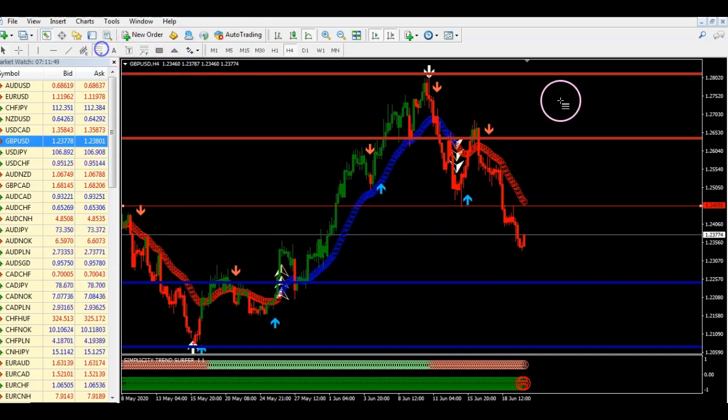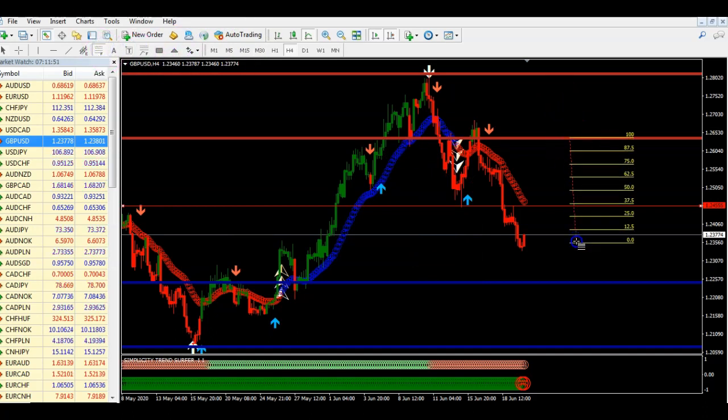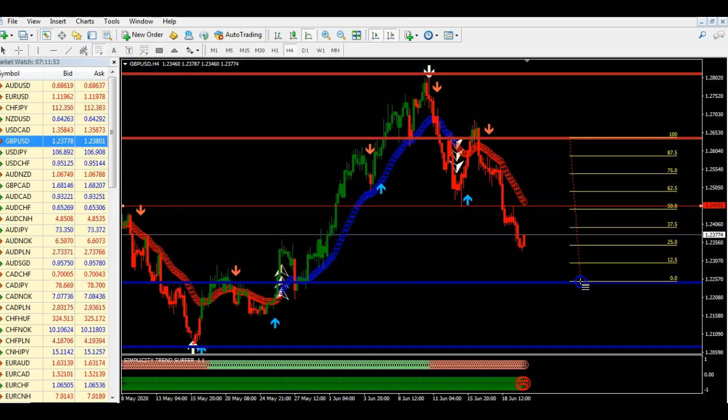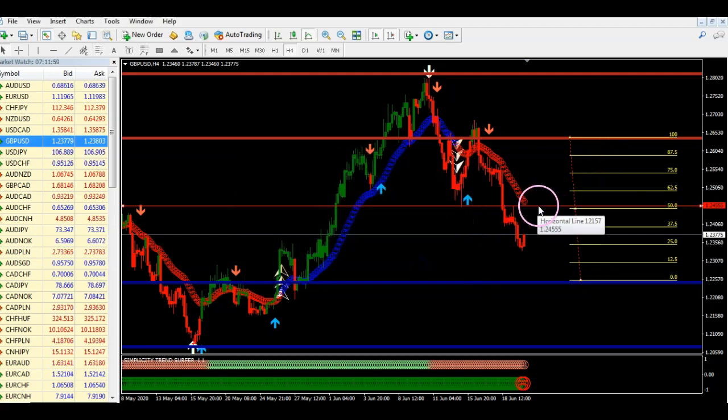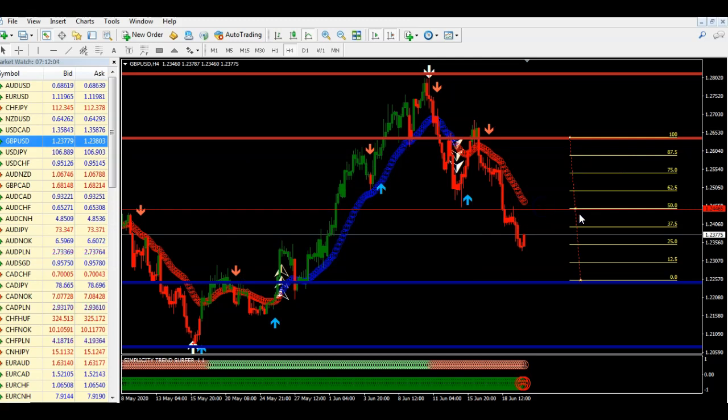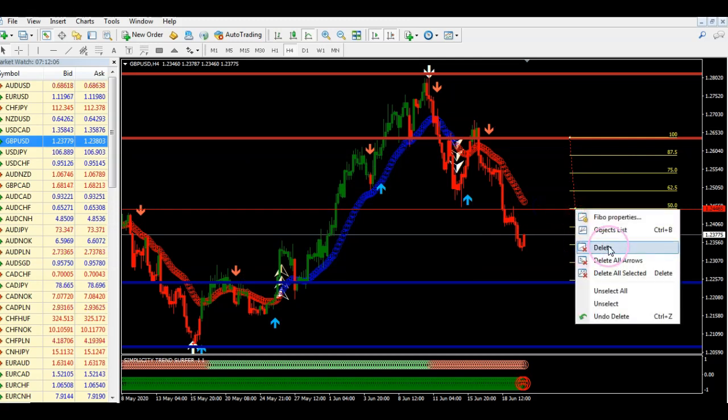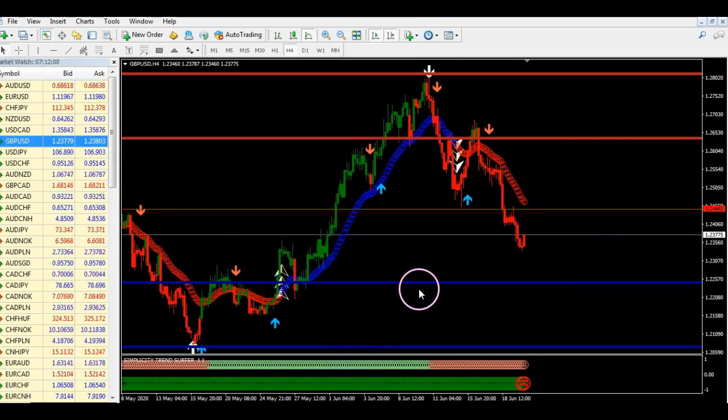If I want to put it just in the center, I can also use the Fibonacci and put it right in the center, which was pretty close. That's the 50%. Okay, so obviously we already went past that area right there.